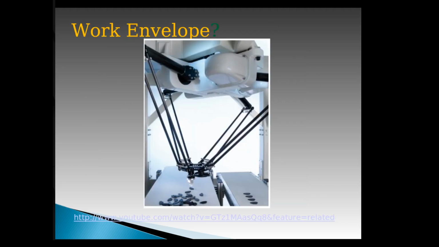Now here's a link to what's sometimes referred to as the spider robots. These actually have 6 joints on them, but they can move very, very quickly. Okay, and so these are some pretty impressive little robots.